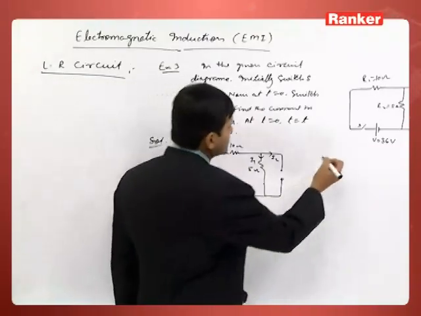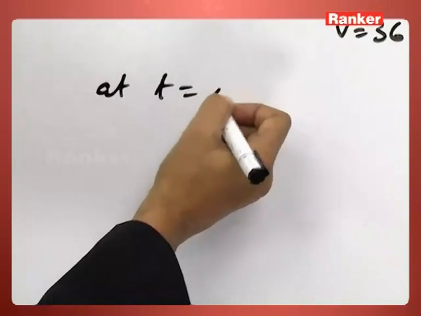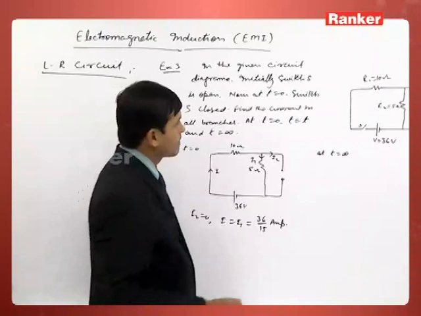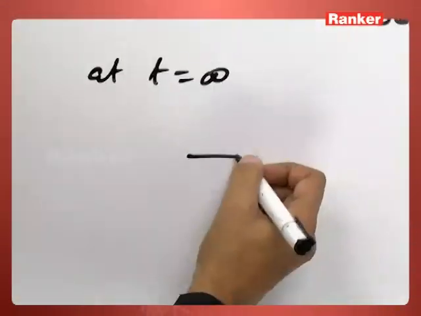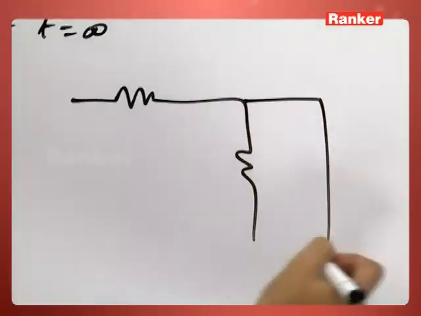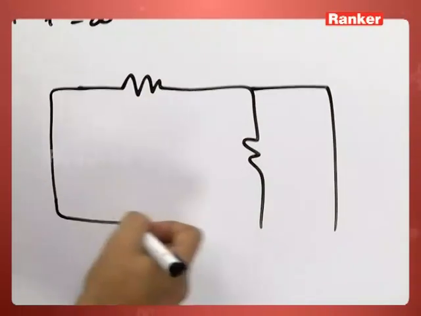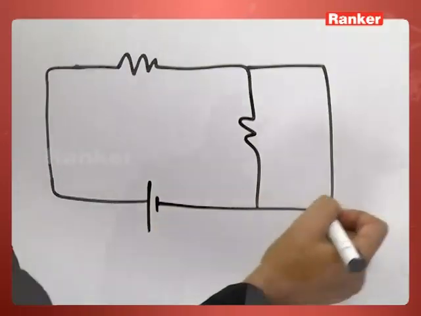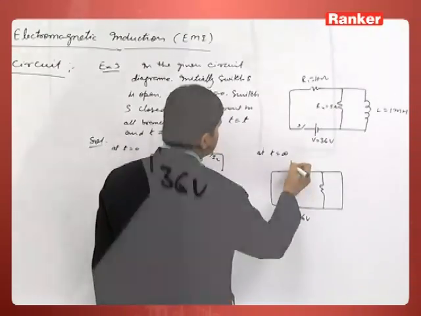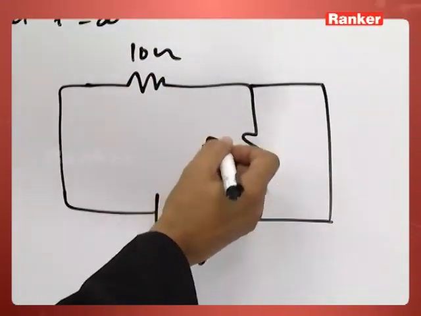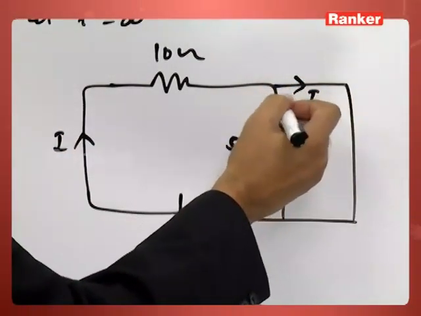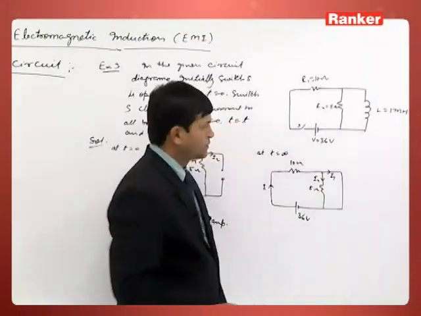Now, at t is equal to infinity, that is called your steady state. In that case, see our diagram. As we have discussed already, at steady state inductor acts just like a wire. 36 volt, 10 ohm, 5 ohm, let this be I, here I1, here I2.